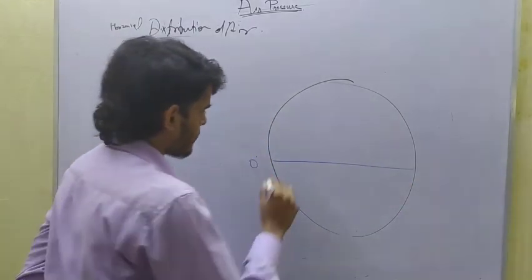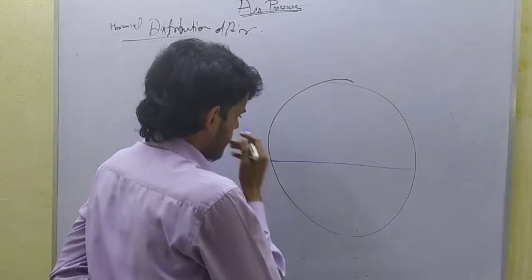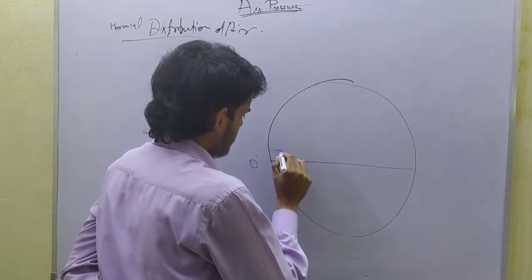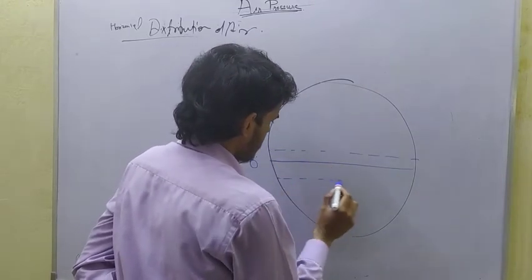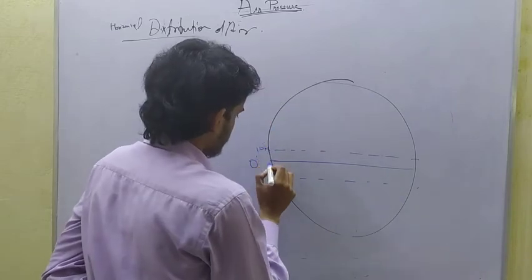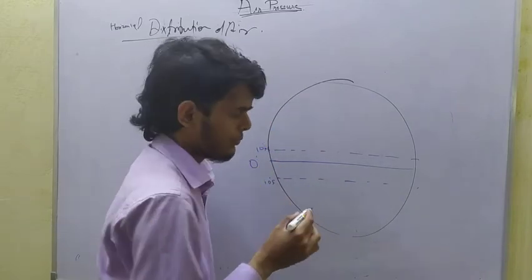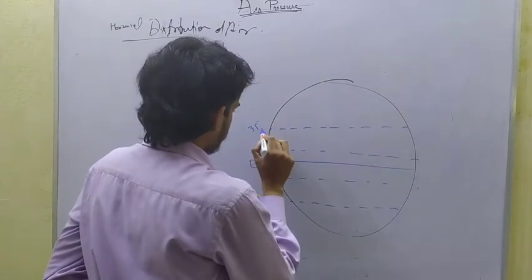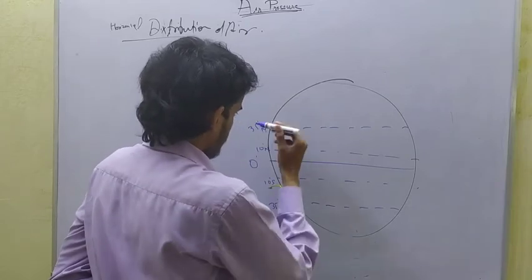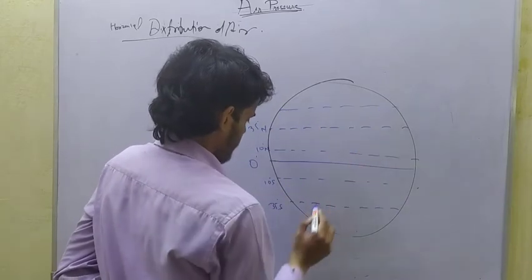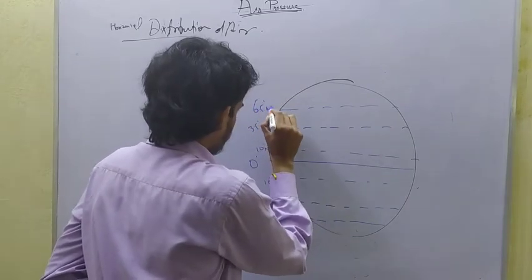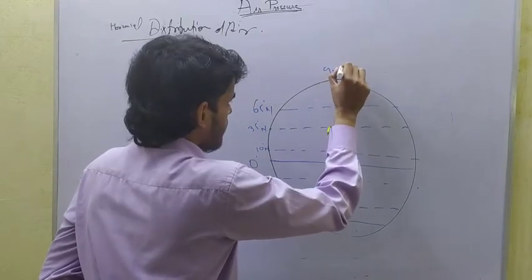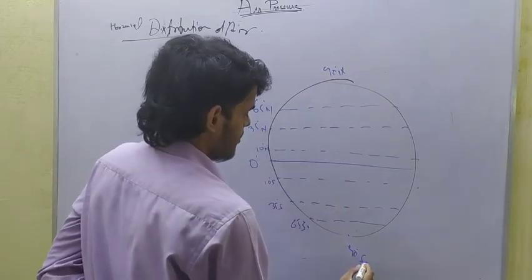Zero-degree equator. 10° north, 10° south latitudes. 35° north, 35° south latitudes. 65° north, 65° south latitudes. 90° north polar region, 90° south polar region.